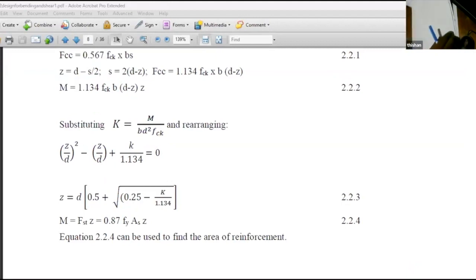So P6, P7. We have selected a beam 500 by 250. Right. And we have kept cover 35.